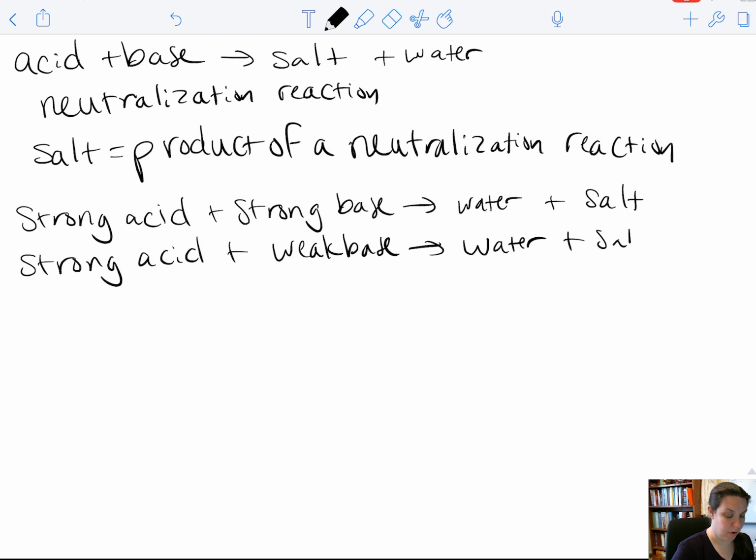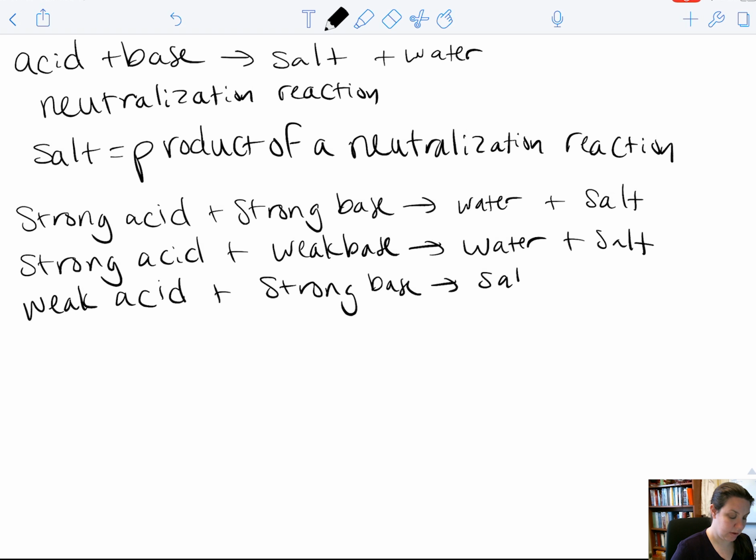And we still get water plus salt. And lastly, we have weak acid plus strong base. Salt plus water. Sorry. Water, salt, it doesn't really matter which way you write it.